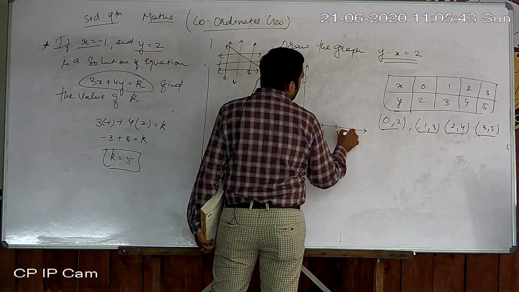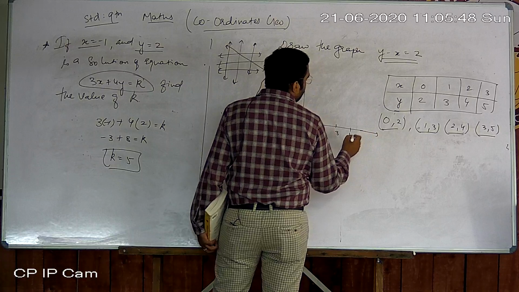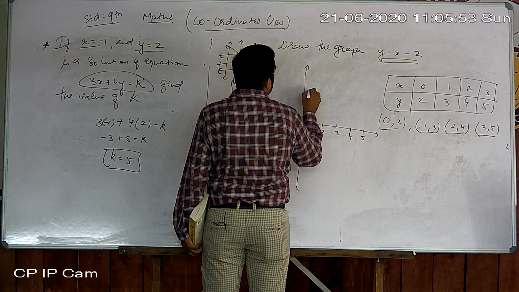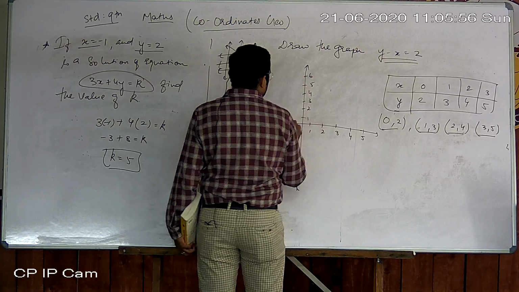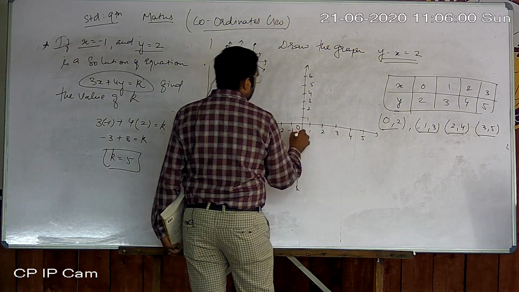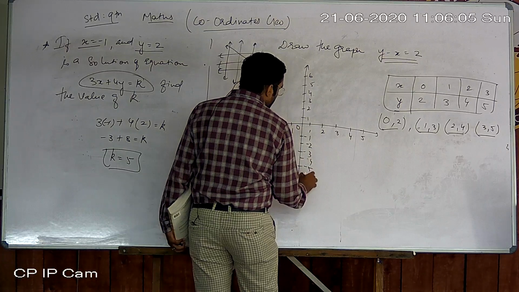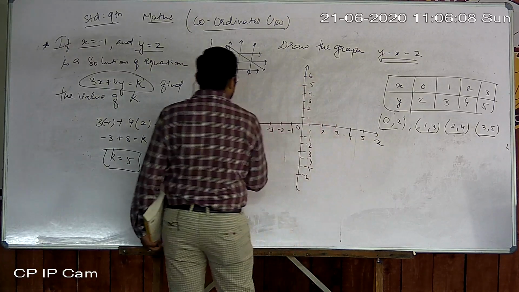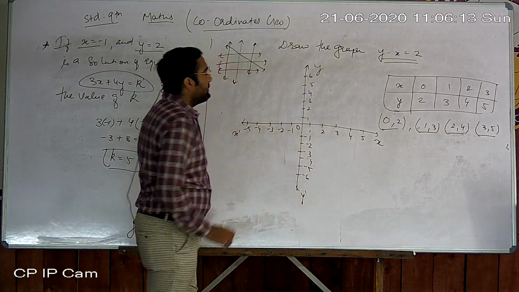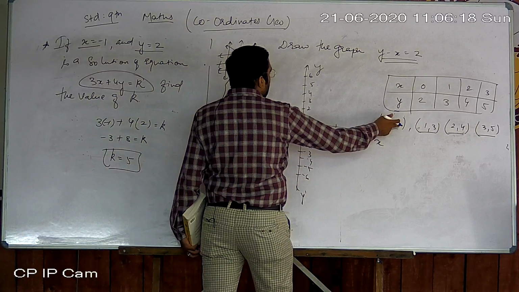So we have x, x dash, y and y dash. I plot 0 comma 2, that is x equal to 0 and y equal to 2.